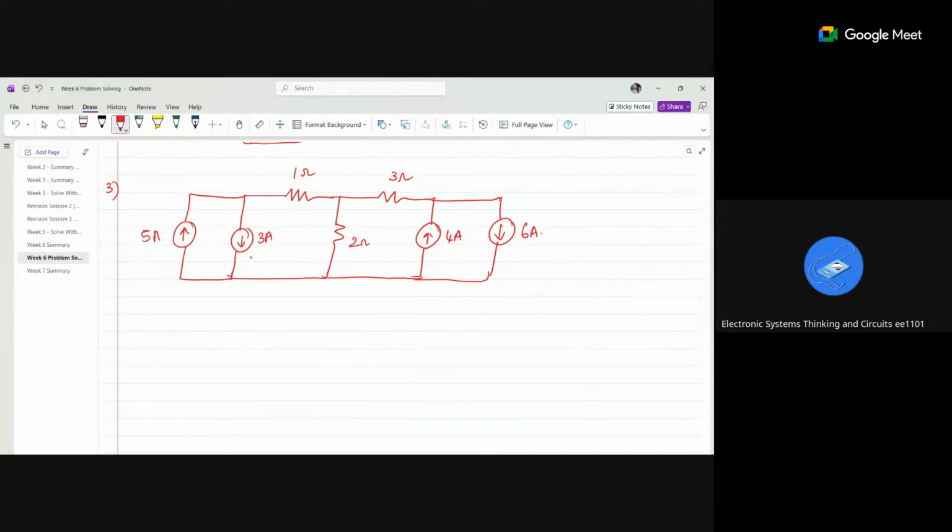Now my first question is to find the power delivered by the 5 ampere current source. Try finding it. Take your time, then we will solve it together.